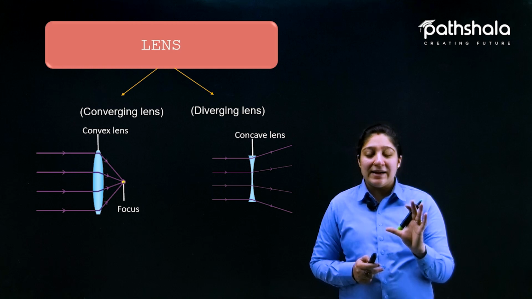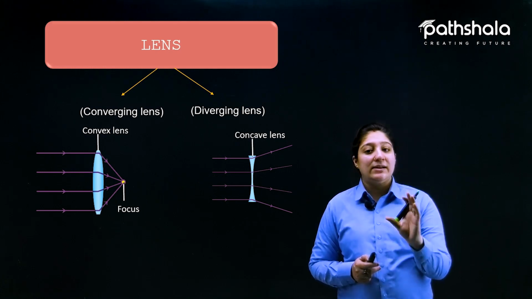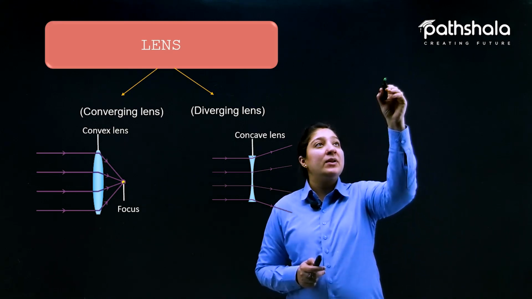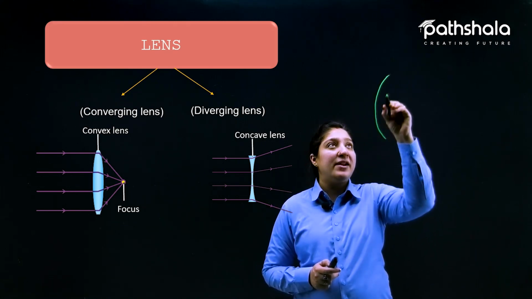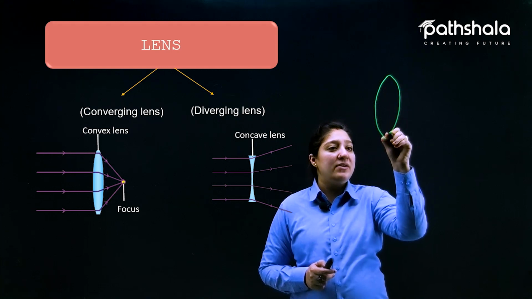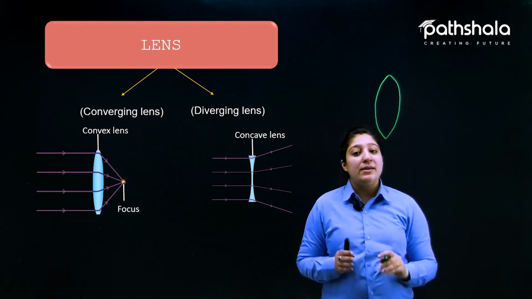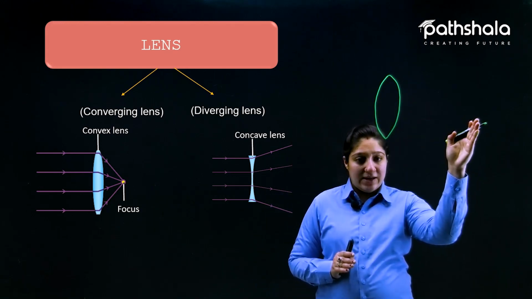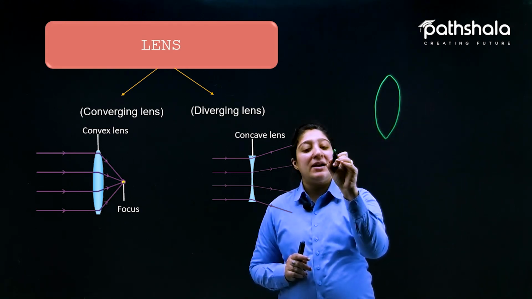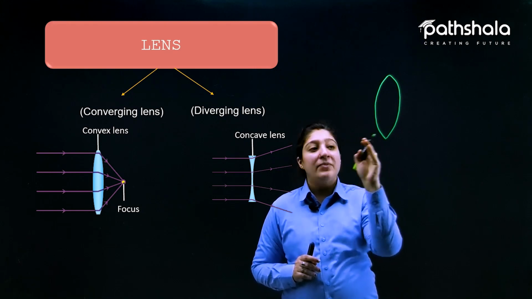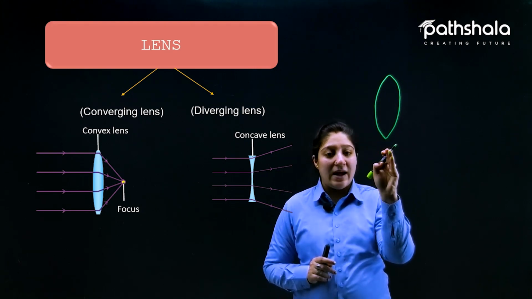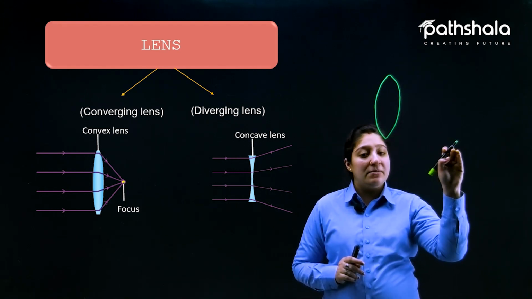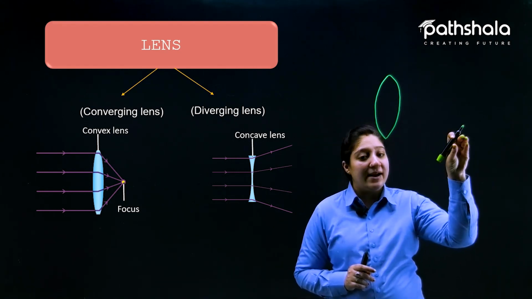Now let's understand why convex lenses are known as converging lenses. Now see here, as I've already discussed, refraction would take place. Here we have the convex lens. When the light rays pass from here to the other side of the lens, this is our medium 1, which is air, and the lens, which is made of glass, is our medium 2, and again here the other medium, which is our medium 1, that is air.